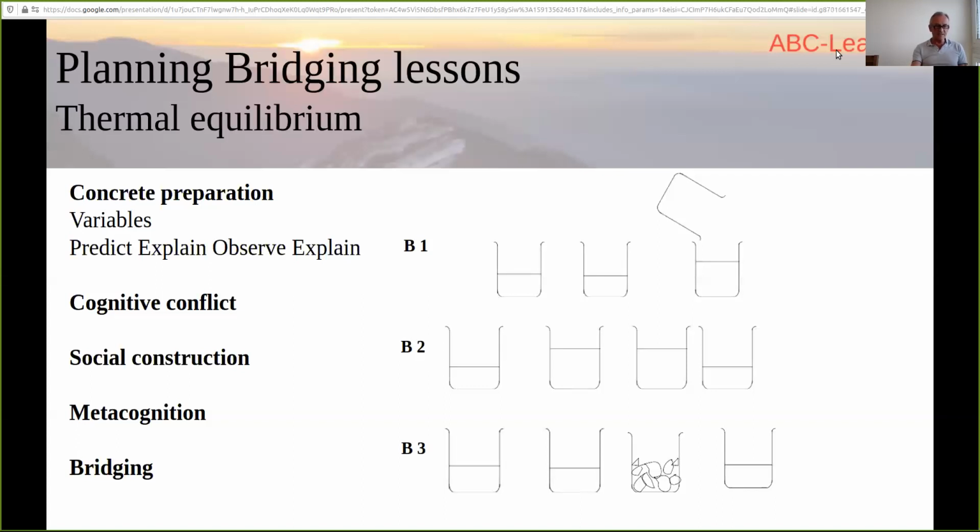So that's the pedagogy of CASE applied within the conceptual change model specific to this curriculum area of thermal equilibrium.